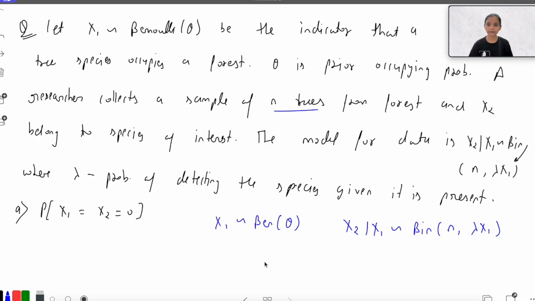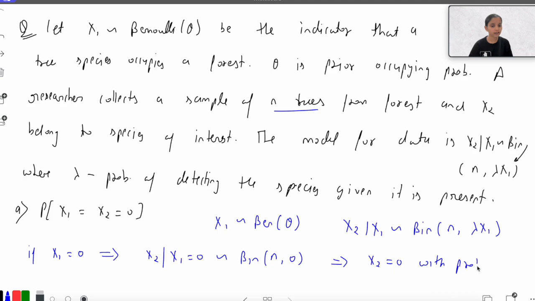So we are asked what is the probability that x1 equals x2 equals 0. Now, if x1 is equal to 0, then x2 given x1 equal to 0 would follow binomial n comma 0, which means x2 would also be equal to 0 with probability 1, right?